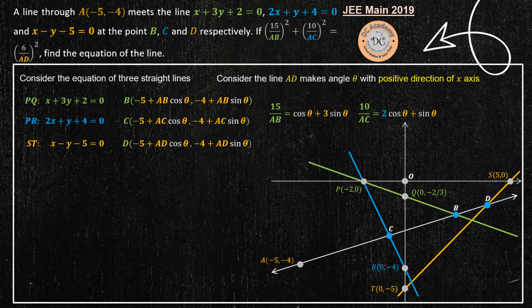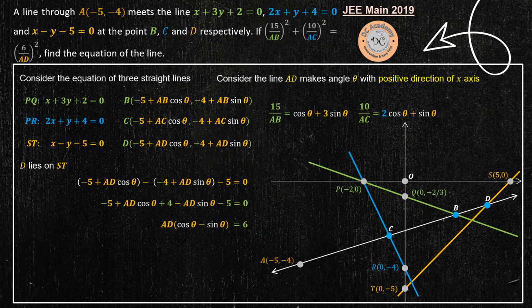D lies on ST. So again, I substitute minus 5 plus AD cos theta in the place of X and the Y coordinate in the place of Y, do the basic calculation, and find that 6 by AD is equal to cos theta minus sine theta. And everything we have already calculated now.